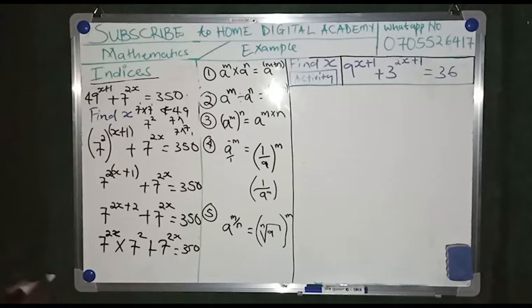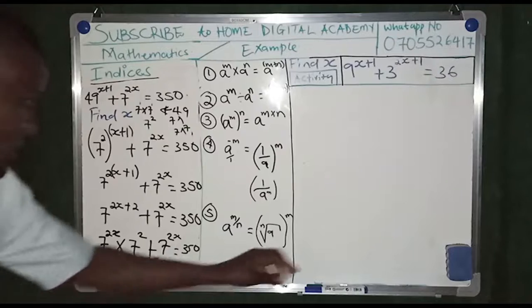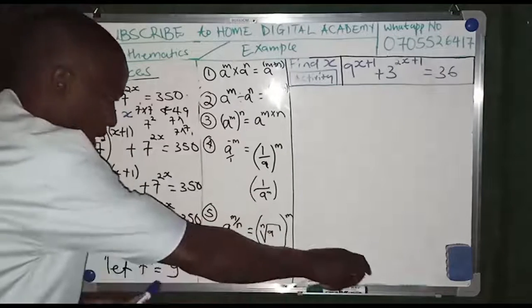What I do is I let 7 to the power 2x equal y. Now, instead of having 7 to the power 2x, I will put a y.